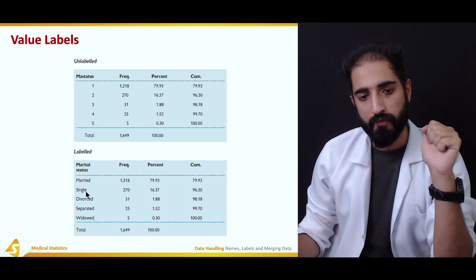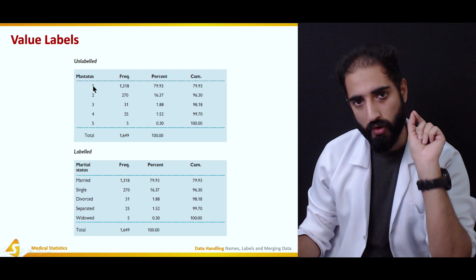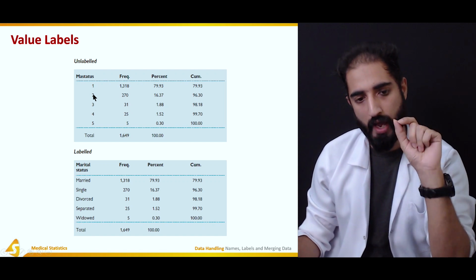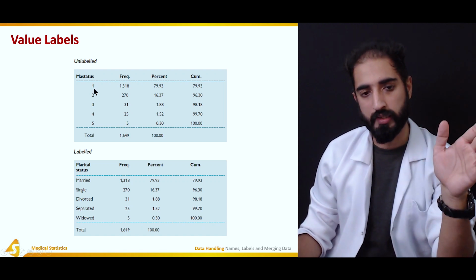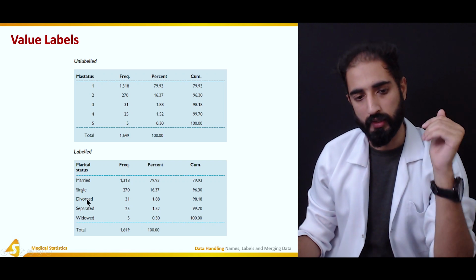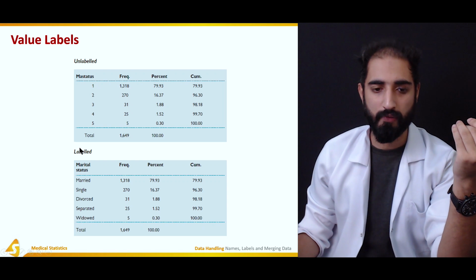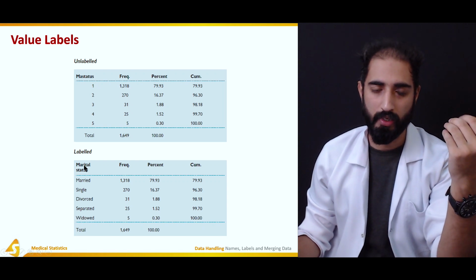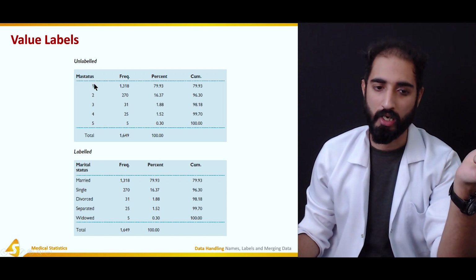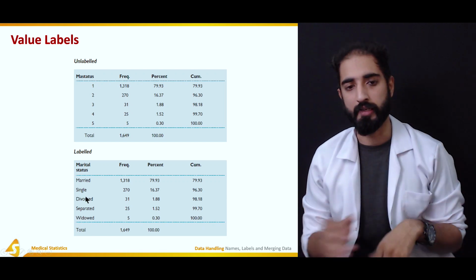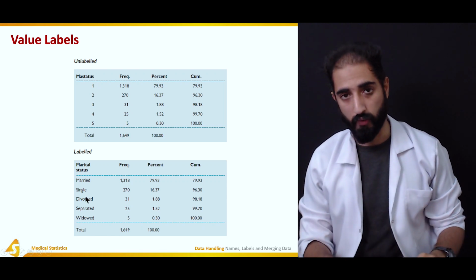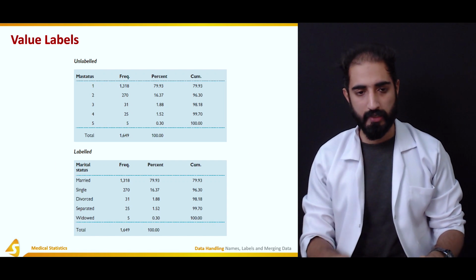We have given a certain quantitative value or a number to every category: 1 stands for married, 2 for single, 3 for divorced, 4 for separated, 5 for widowed. So this is the variable name and variable label, but this here is actually the example of a value label. And now you can understand the importance of value labels in your statistical analysis.